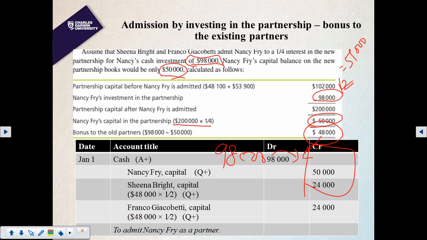So if we do this, cash is debited, and Nancy Fry's capital is going to be $50,000, but he is contributing $98,000. The additional $48,000 we are distributing to Sheena and Franco. So Sheena and Franco's capital is going to be increased by an additional $24,000 and $24,000.